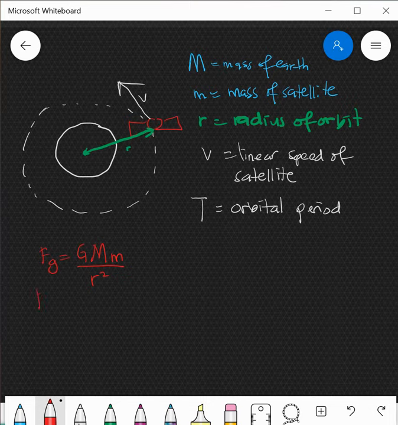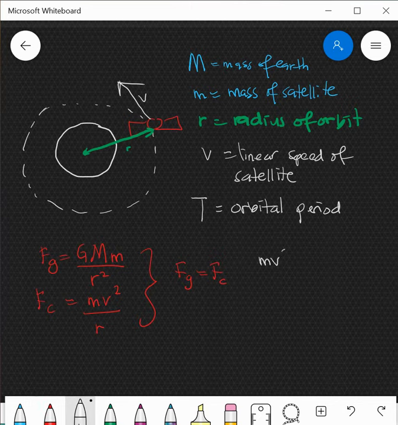So centripetal force is mv squared over r. Okay, so now we can equate these two because Fg, gravitational force, is actually the same as centripetal force. Yelah, sebab objek yang sama kan, satellite. We are referring to satellite rotating, circulating around the earth. Okay, so kita boleh samakan equation dia.